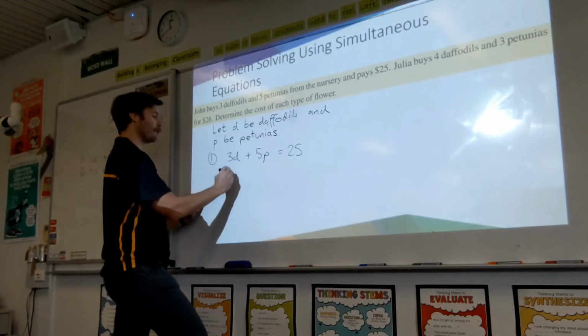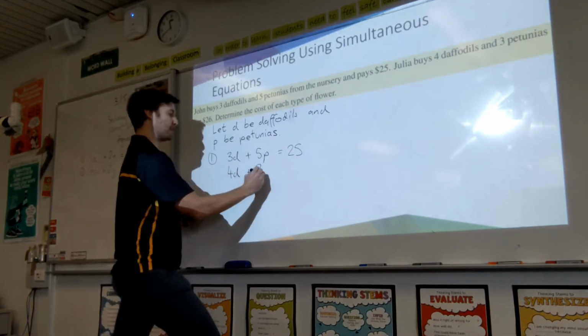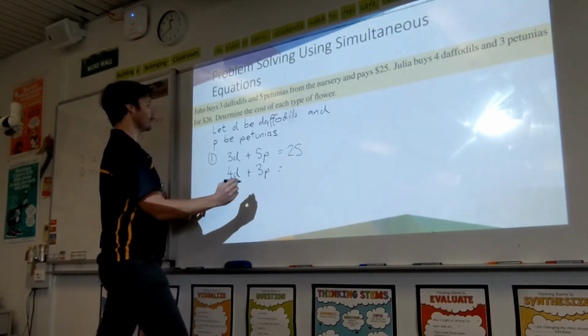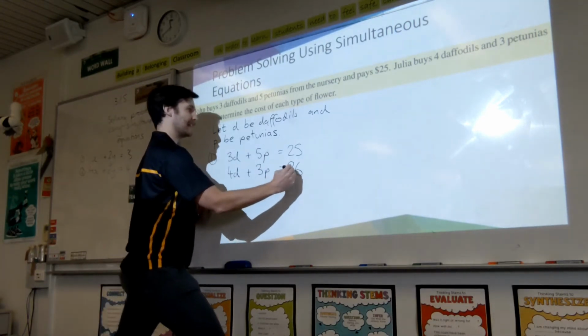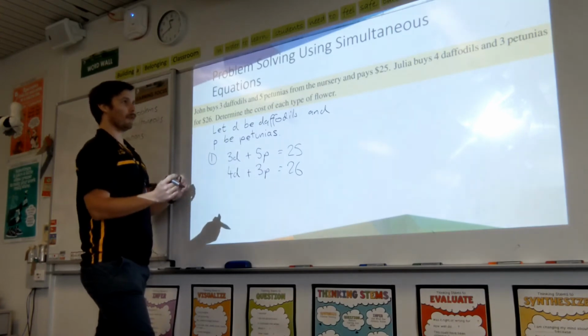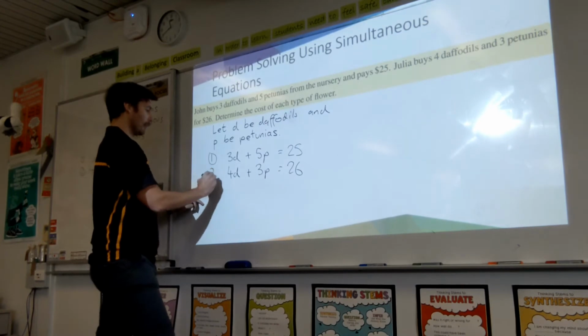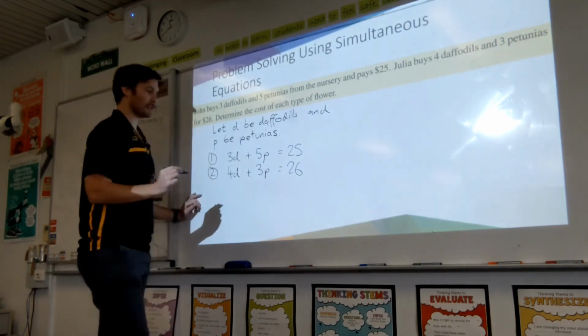Next equation, 4 lots of daffodils plus 3 lots of petunias is equal to $26. Maybe Julia wanted to spend more money or likes petunias less. Who knows? And we'll call that equation number 2.